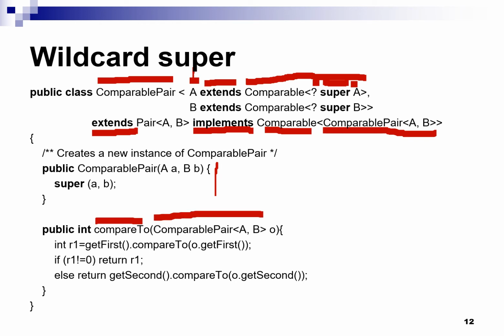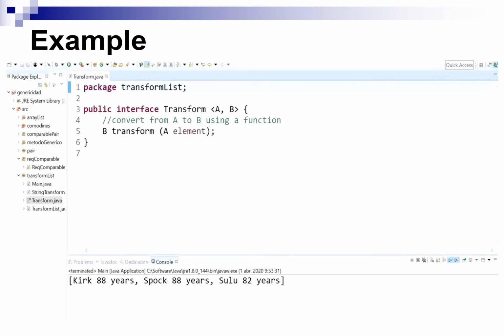Of a comparable pair of A and B. And then because both types A and B are comparable, I can use compareTo. If A and B were not comparable, I would get a compile error in this line and in this other line.